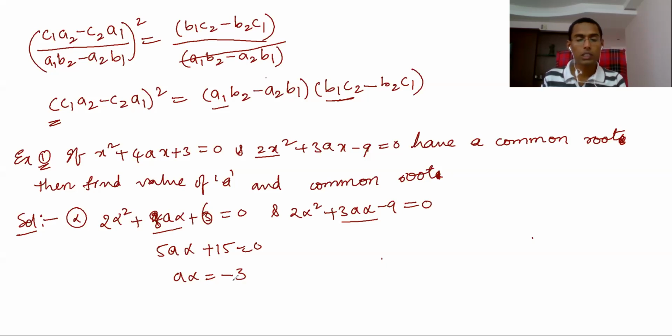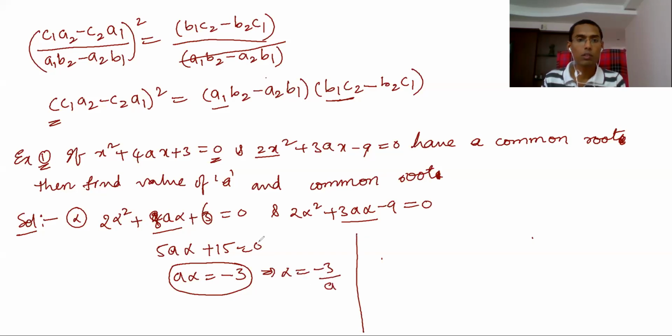So if you substitute this a alpha in one of the equations, whichever equation is easy, then you are going to get an equation in a. Here alpha square is there. This is the a alpha value we got, and that implies alpha equal to minus 3 by a.